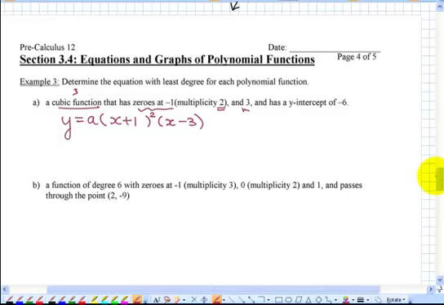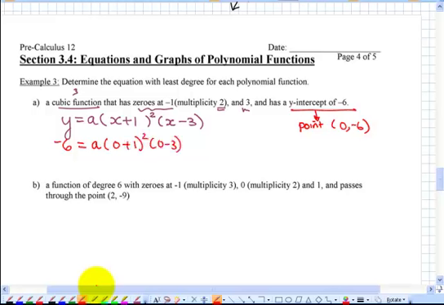Well, that's where that last piece of information comes into play. A y-intercept of -6 is the same thing as the coordinates of the point 0, -6. Remember, y-intercepts are when x equals 0. So to solve for a, I'm going to suggest you plug in the point. So -6 becomes y, x is 0, and let's see if you can now solve for a.